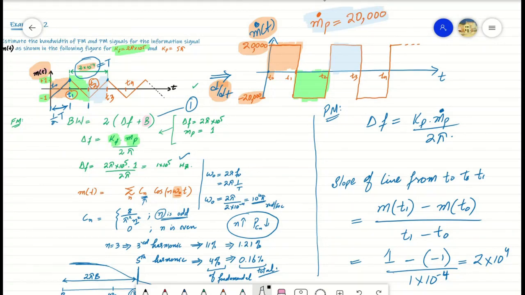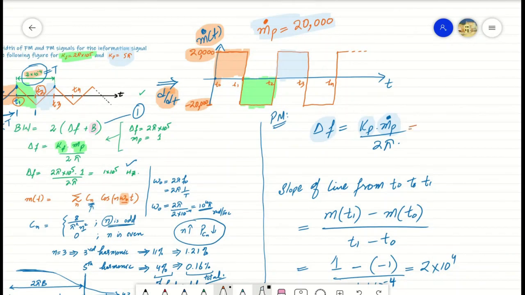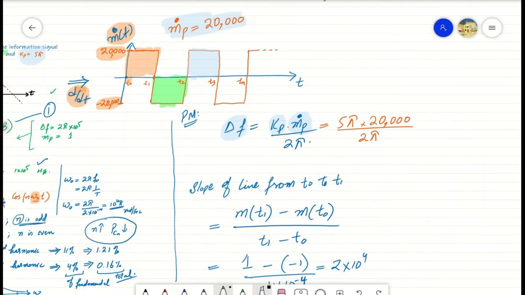By substituting this in the expression for the peak frequency deviation, and by substituting the value of kp, the constant scaling factor, which was given in the question as equal to 5 pi, we can calculate peak frequency deviation as equal to 5 pi multiplied by 20,000 divided by 2 pi, which is equal to 50 kilohertz.